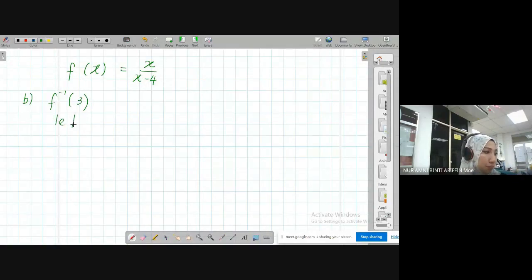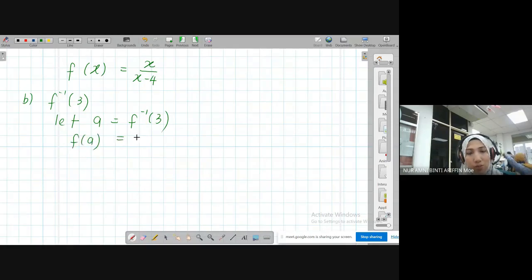Okay, let A become, okay, and then f(A) equal to 3. Okay, f(A) equal to 3. So A, okay, just replace lah A in the terms of x here. Just gantikan A dalam x dekat sini. So, you akan dapat A over A minus 4 equal to 3.